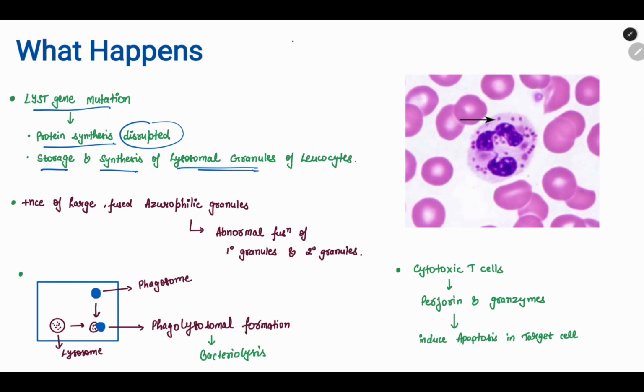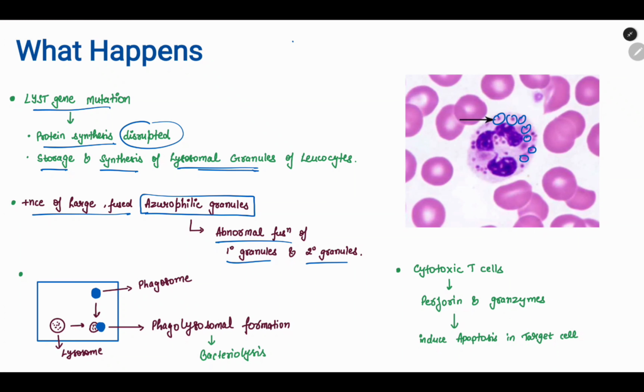On cytological examination, a very characteristic feature is observed: the presence of large fused azurophilic granules, as we can also see in the image. So what are these granules? These are formed due to the abnormal fusion of primary and secondary granules.